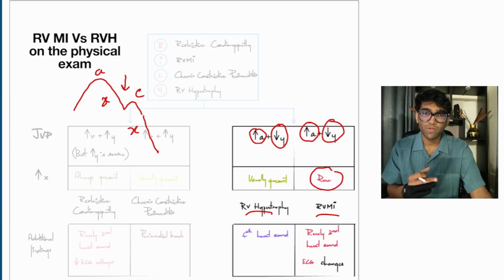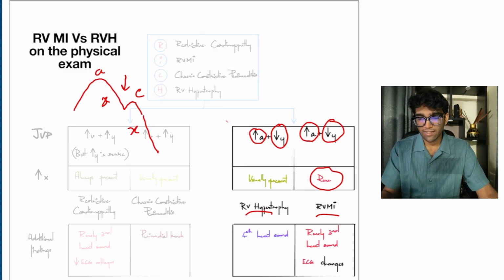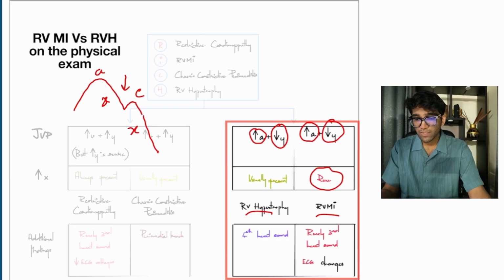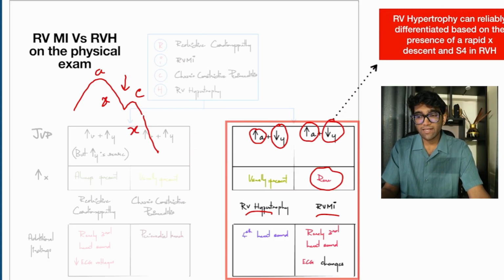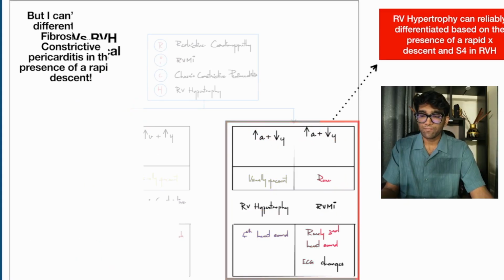There are some other maneuvers that need to be done, and a dedicated review of the ECG to look for RVMI changes has to be done. So we'll discuss that later. What we find is that RV hypertrophy can reliably be differentiated from RVMI based on the presence of a rapid X descent and S4.